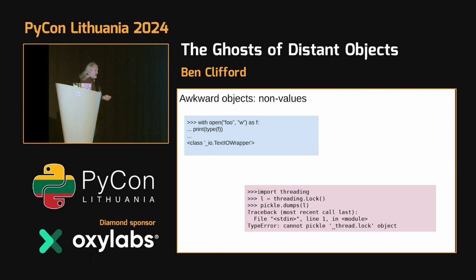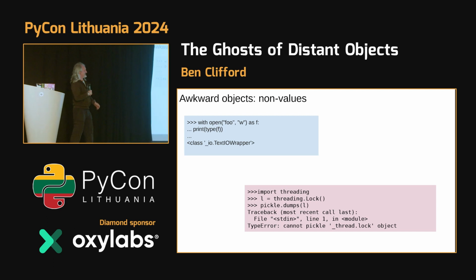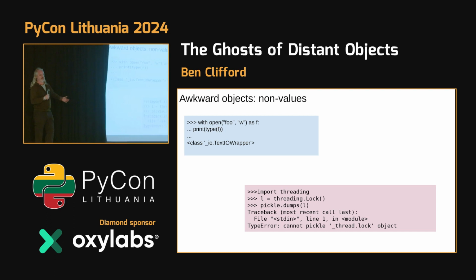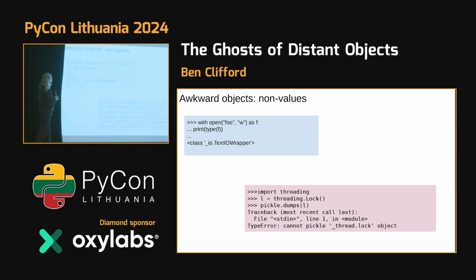Okay, so there's a new kind of awkward object, which is objects that aren't values like that. And the 2 examples here are when you open a file, you get this F, which is this weird Python internal type that you've probably never seen the type name of. And that's the thing that we can write data to. If you use concurrency, you might have a lock, for example.